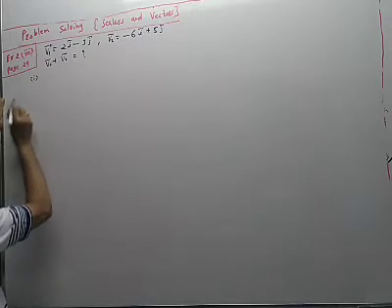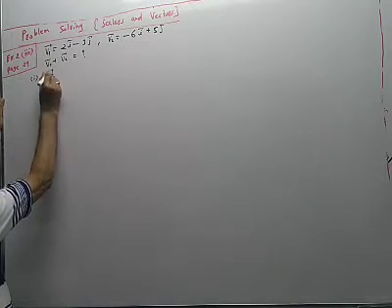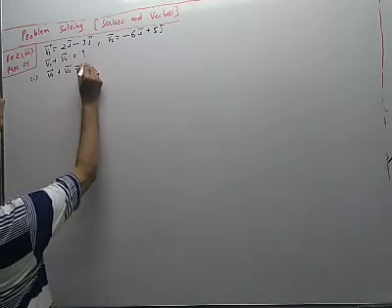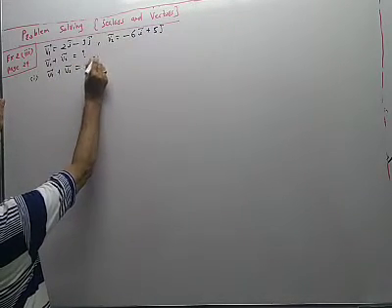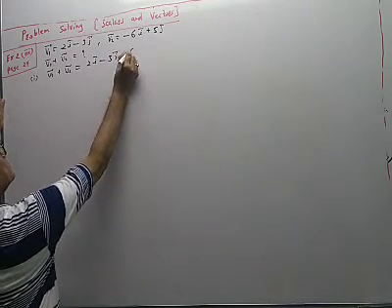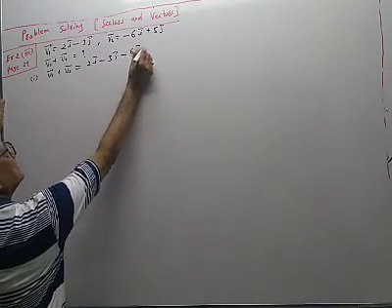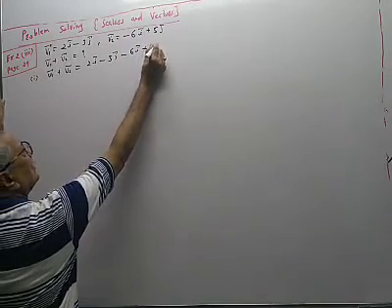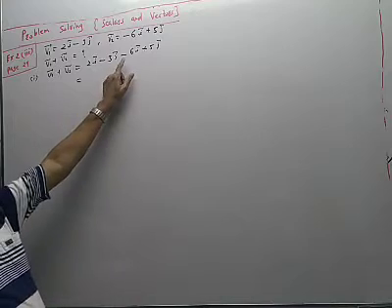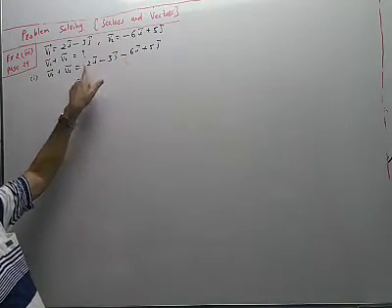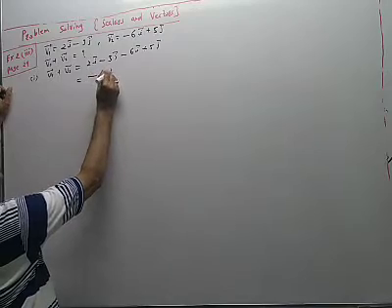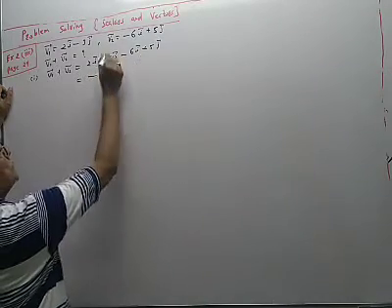Step number 1. V1 plus V2 is equal to 2 times i minus 3 times j minus 6 times i plus 5 times j. So collect the terms of i. This is minus 6 and this is plus 2. So this is equal to minus 4 times i, and this is 5 minus 3.